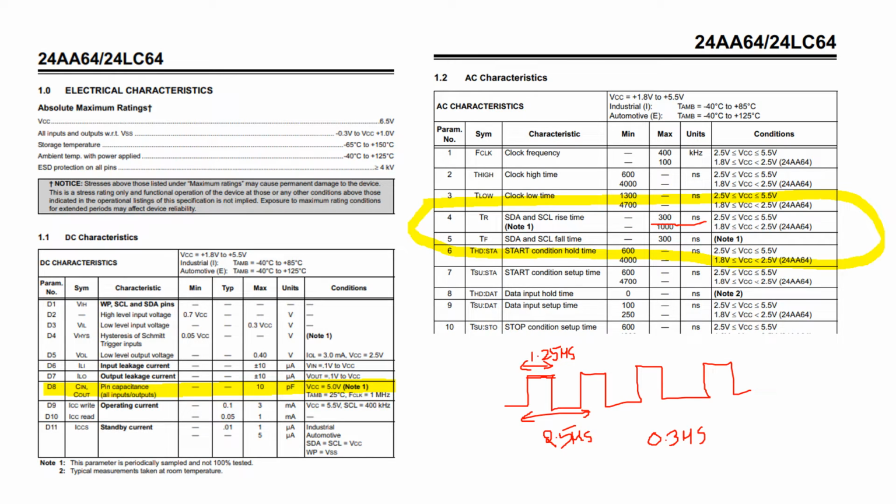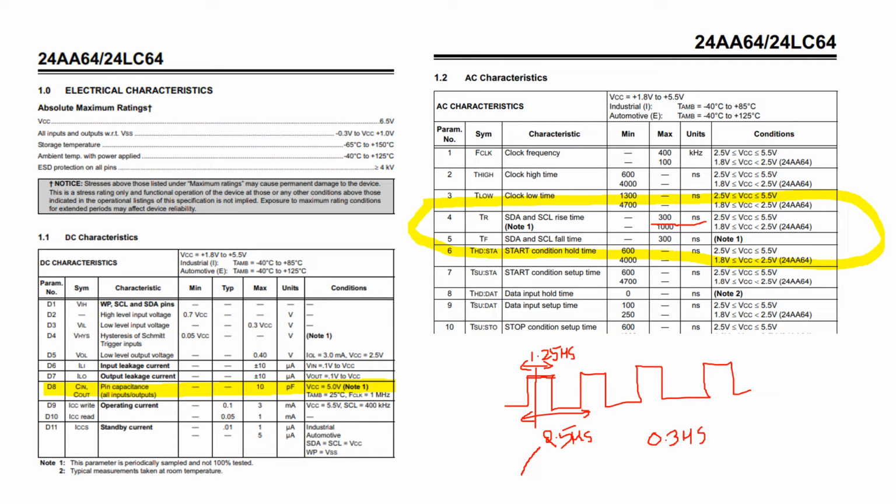So because of the capacitance on the bus, your signal shall rise this way, and this rise time should not exceed 0.3 microseconds. That's the maximum rise time that is allowed.